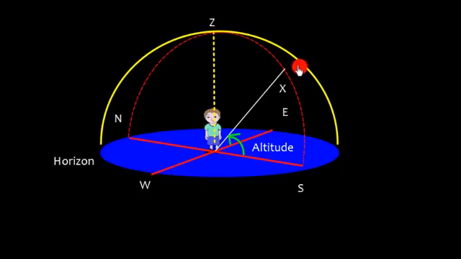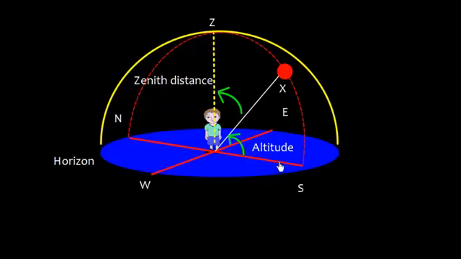So as the body passes through the observer's meridian, this one will be the true altitude when meridian passage occurs, or we can say this one is the zenith distance from the body to the observer.